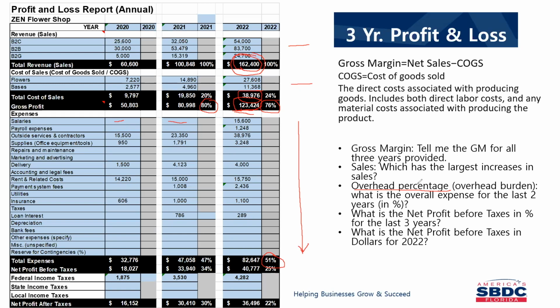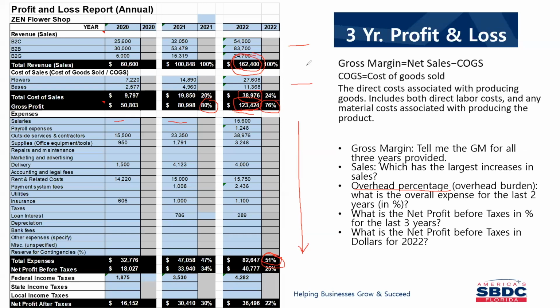Overhead percentage. I think so. The lady with the alfajores, was it Fabiola? She had a question on overhead and how to calculate the cost of overhead into the product. You do not. You do create it as a percentage. In this case, you look at it, 51%.